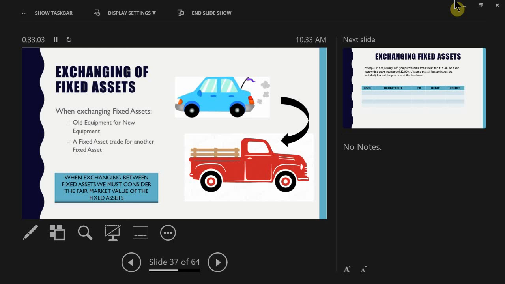Now, I'm going to be looking at a full exchange where it's an even trade here. When exchanging between fixed assets, they must be considered at fair market value, okay? Now, this is where you have to be careful between fair market value versus book value, okay?